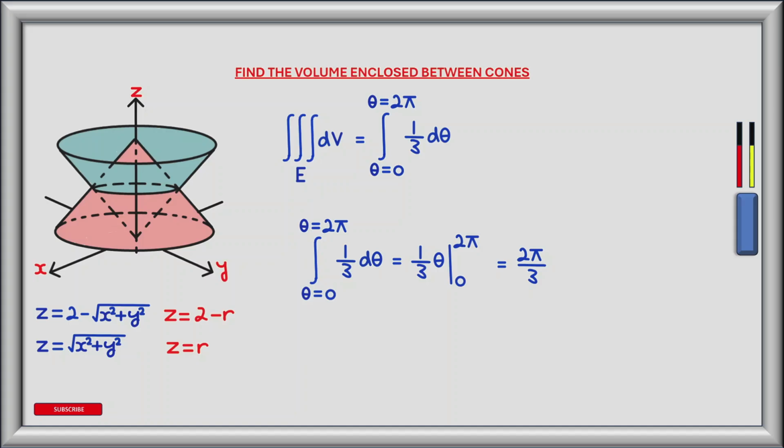And for the outer integral, we want to integrate from theta equals 0 to theta equals 2 pi, 1/3 d theta. So using the power rule to integrate this, we get 1/3 theta. And plugging in the limits of integration, we have 2 pi divided by 3, which is the volume enclosed between the two cones in cubic units.